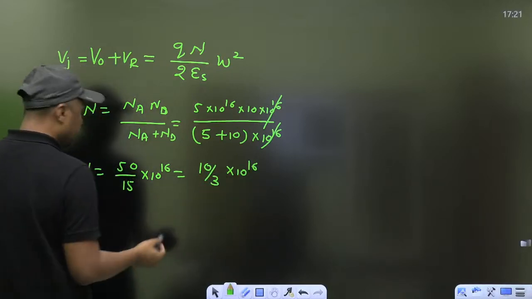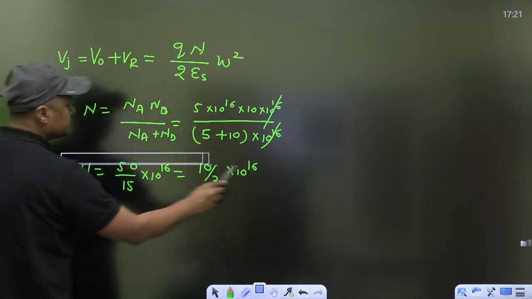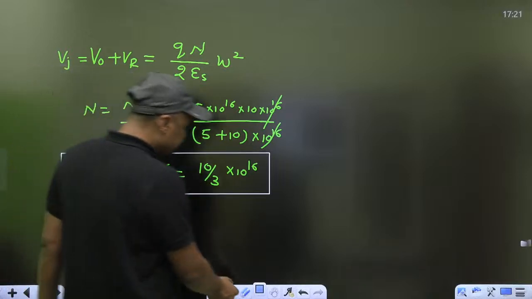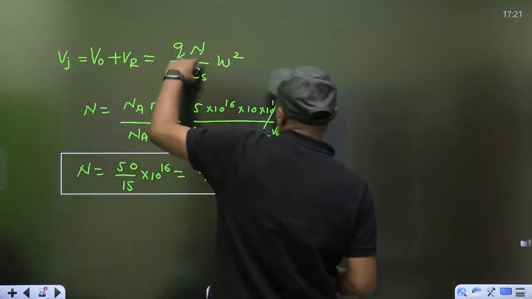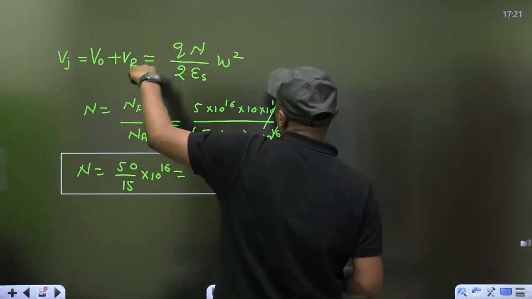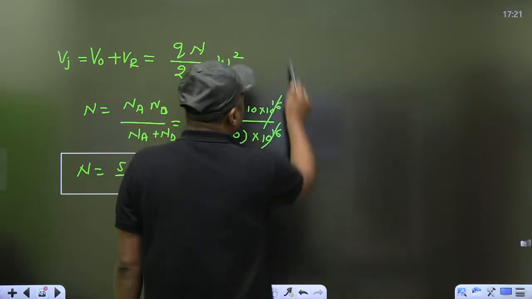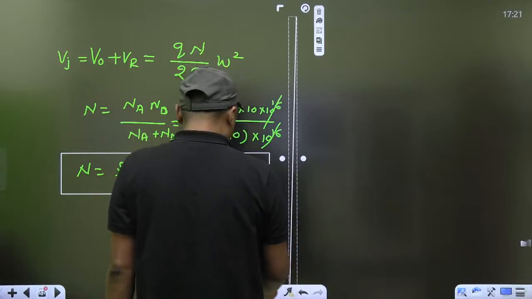That is 3.33. First of all, N. Okay. Then Q known, N known, epsilon s, W square, everything is known. Then you can directly use this formula. Use your calculator, guys.